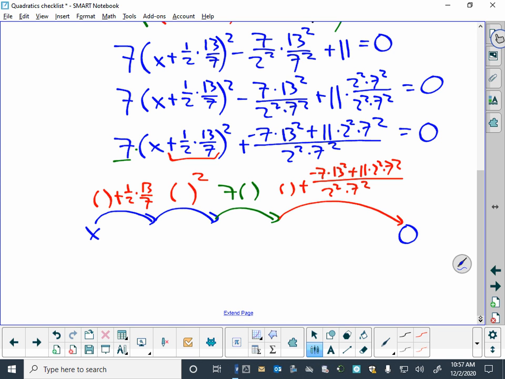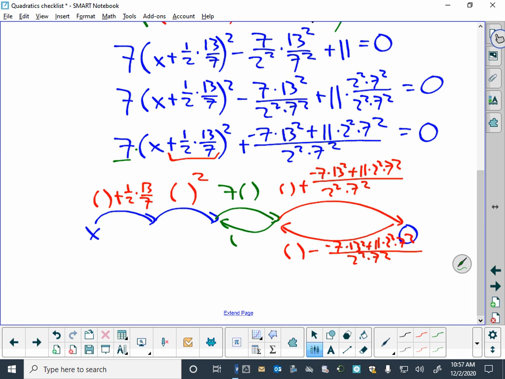So I'm going to get back to my x, which means I need arrows that come back the other direction. This is going to be subtracting then the negative 7 times 13 squared plus 11 times 2 squared times 7 squared over 2 squared times 7 squared.